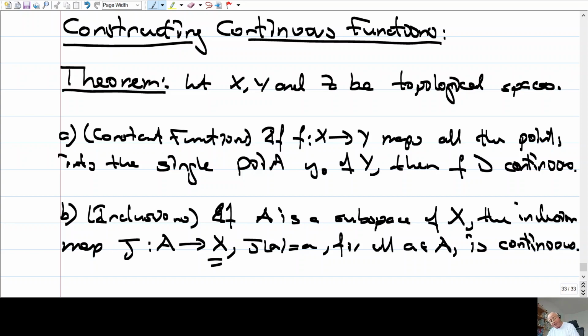Of course, here X has its topology, and A has the subspace topology.